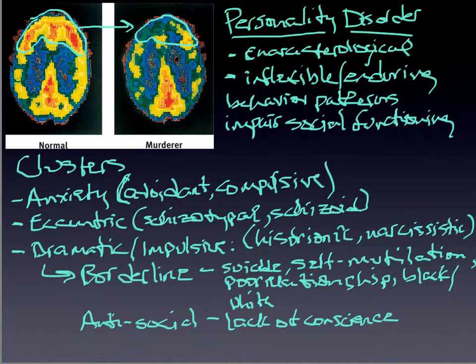This frontal lobe area is way under active, which would suggest some of the possibilities of why we see the lack of emotional and behavioral regulation in people identified with antisocial personality disorder.